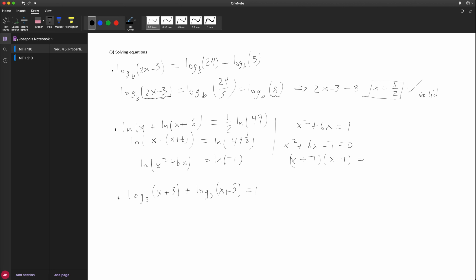And this says that x equals minus 7 and x equals positive 1. And now check which one is valid, and if there are any. It looks like 1 works, but negative 7 is no good, right? Because it would make the logarithm have a negative input. So this one's not valid, but this one is. So that would be your only valid solution there.